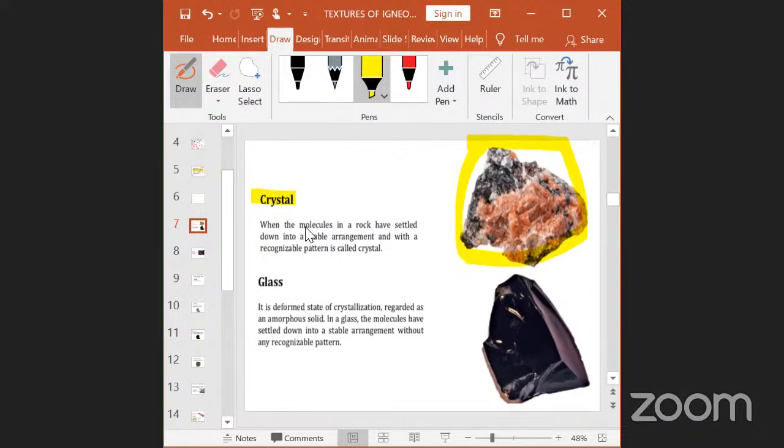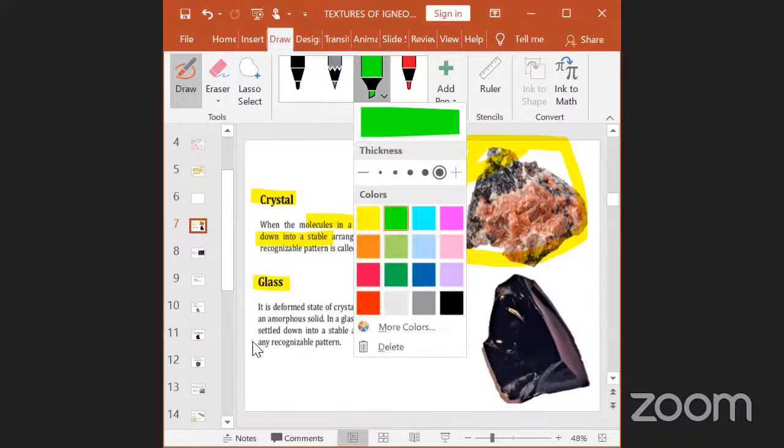When the molecules in a rock have settled down into a stable arrangement with a recognizable pattern, that is called what? Crystal. And the second one is glass, right?